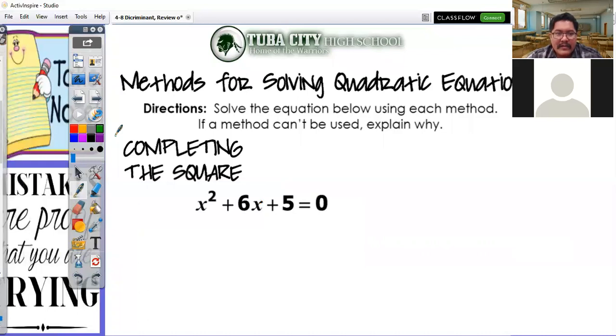Completing the square. So completing the square, this is the one that I am going to have to solve for x. So in this case here, I'm gonna start up here because I know I'm gonna need some extra space to do this. Now, again, I'm gonna leave a space here.